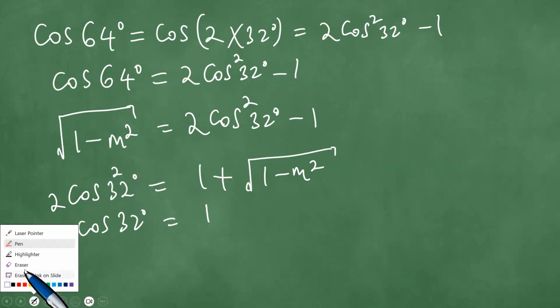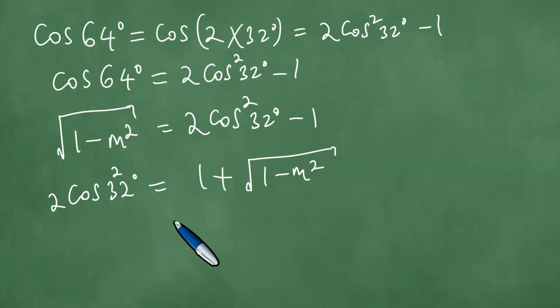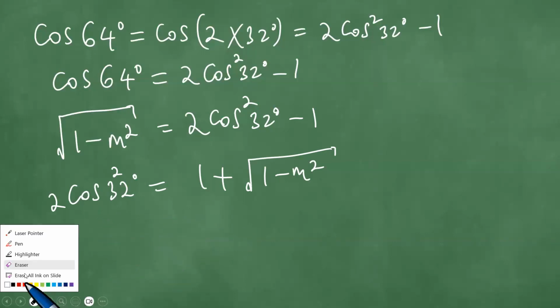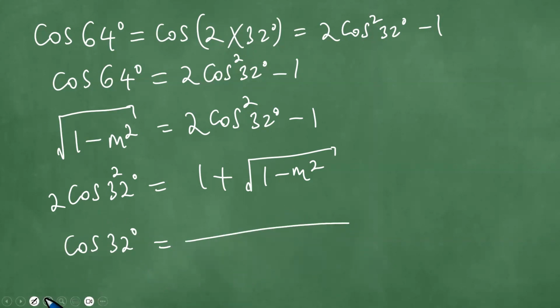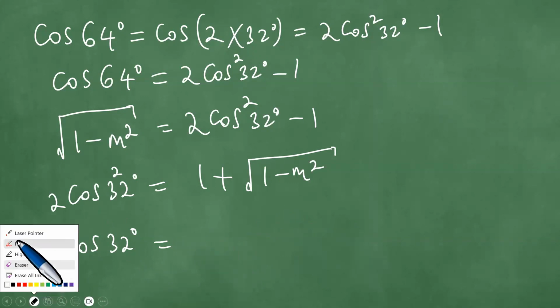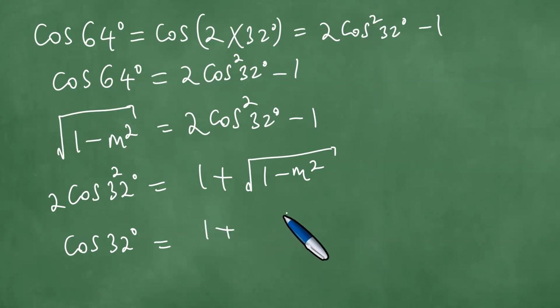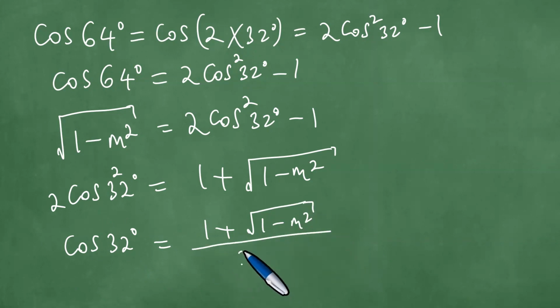Right, if you divide by 2 and you take the square root, 32 degrees is an acute angle. And that means the cosine of 32 degrees becomes the square root of 1 plus the square root of 1 minus m squared, all over 2.